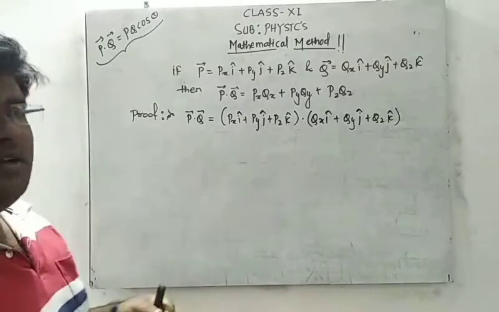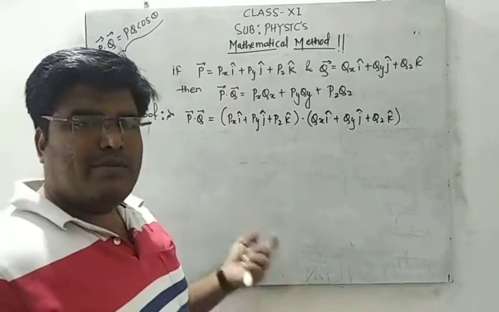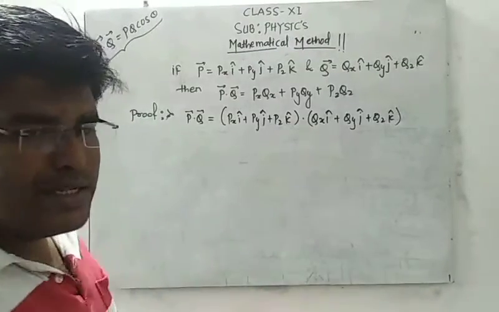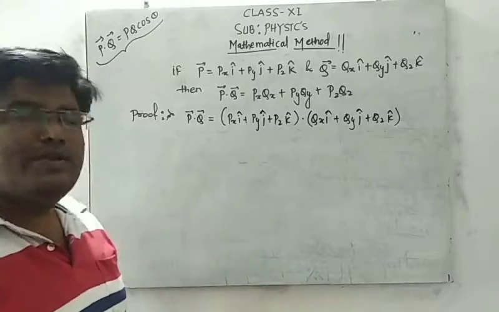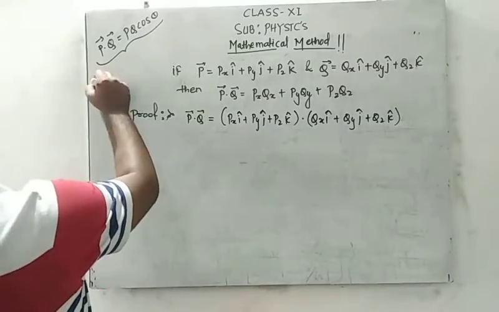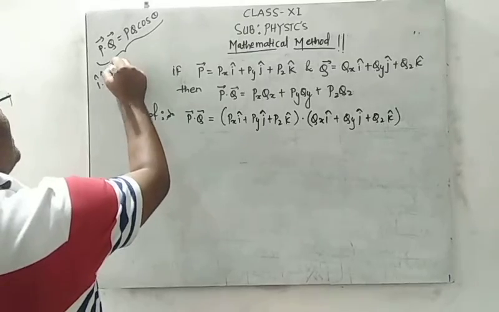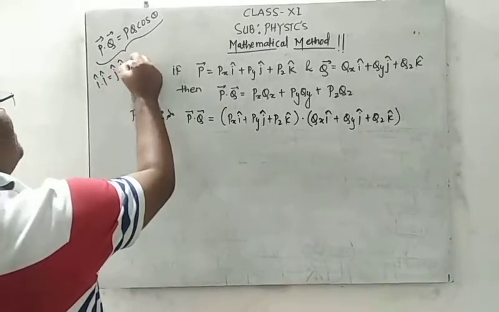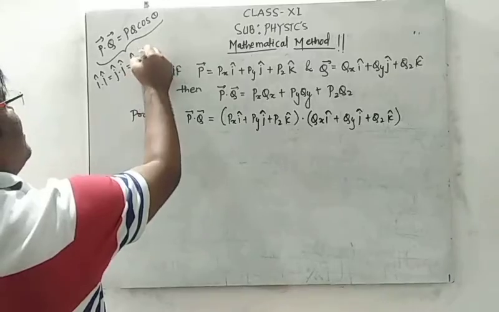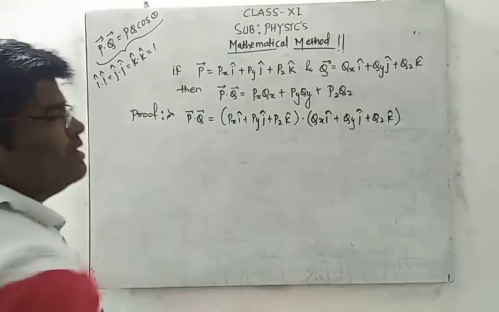First, we must know, from the characteristics of a scalar product, that for the unit vectors, i cap dot i cap is equal to j cap dot j cap is equal to k cap dot k cap is equal to 1.